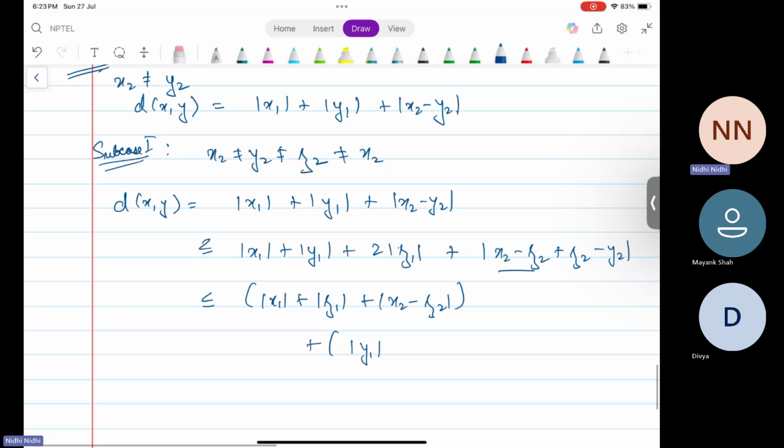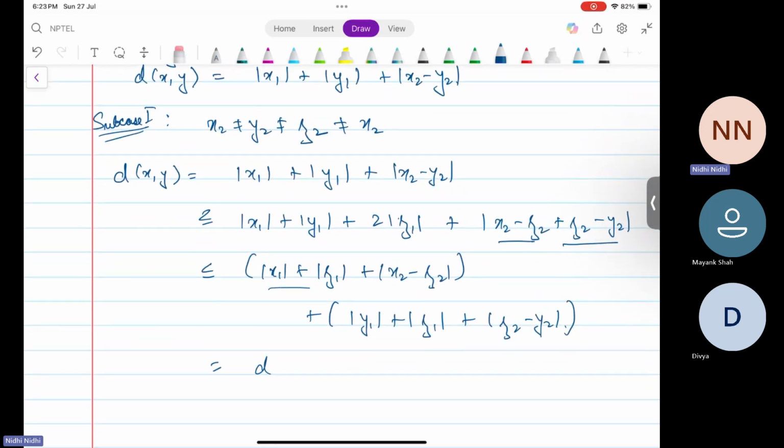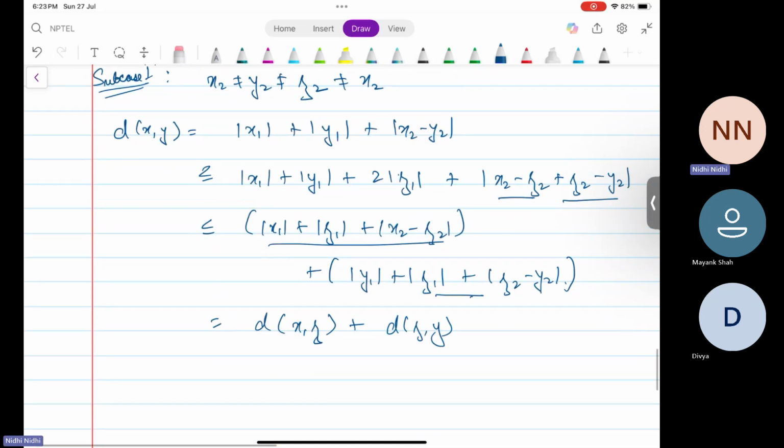It's mod y1 plus mod z1. And from this part, we'll get mod z2 minus y2. Now since x1 is not equal to z1, and since x2 is not equal to z2, dxz is equal to this term. And again, since y2 is not equal to z2, dzy is equal to this term. So we get the required inequality. I hope this case was clear.